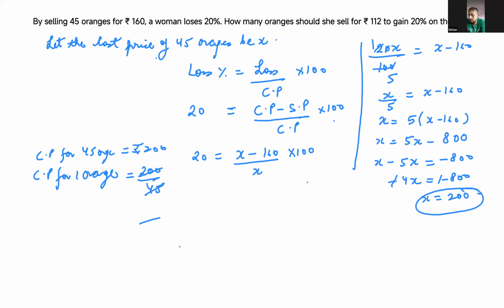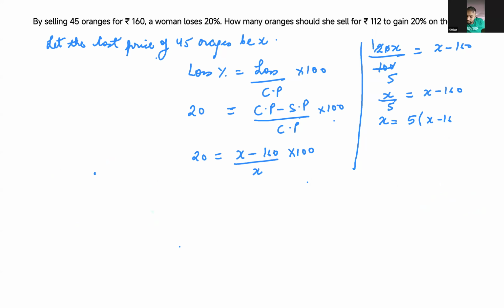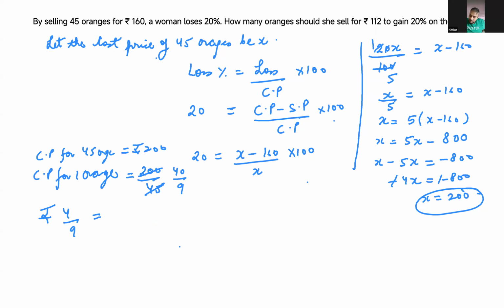When you solve it, you will get 40 by 9. Sorry, is it 40 or 45? I mean 40. 40 by 9 is the cost price of 1 orange.